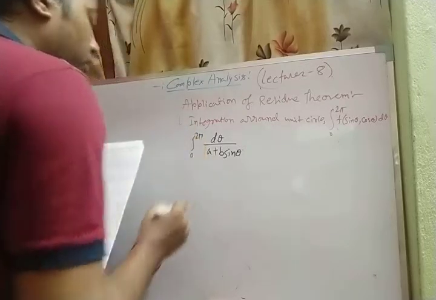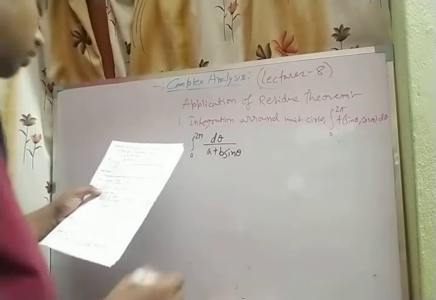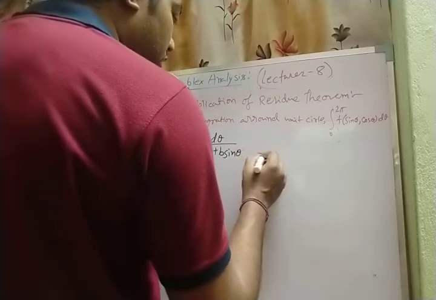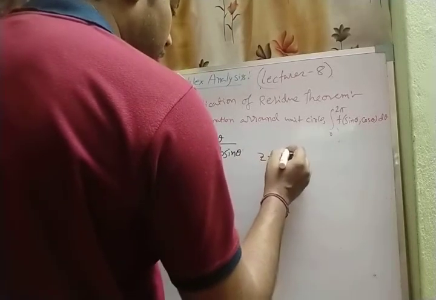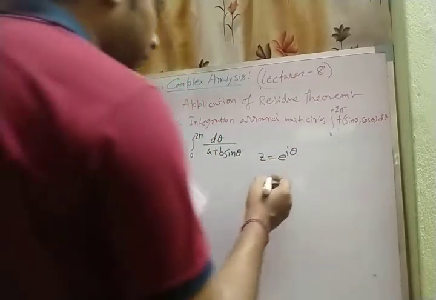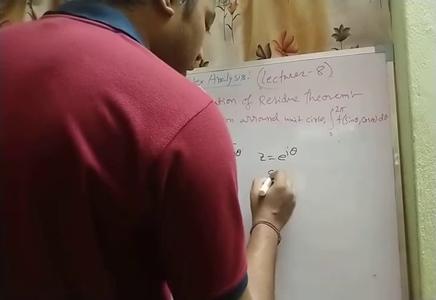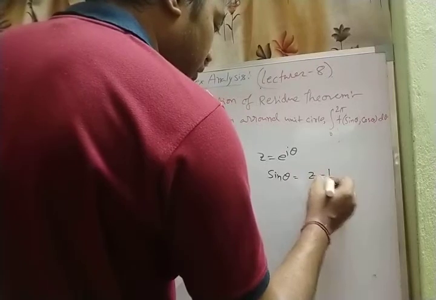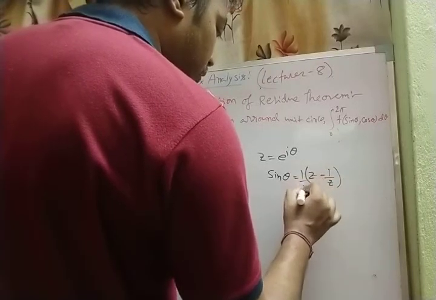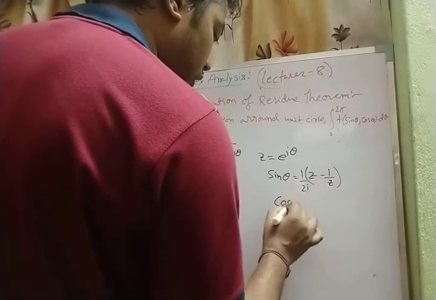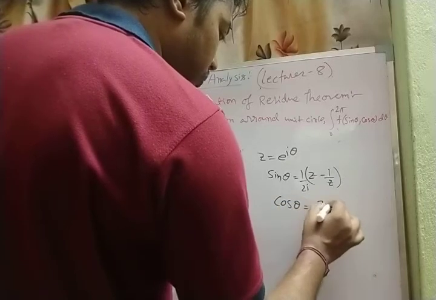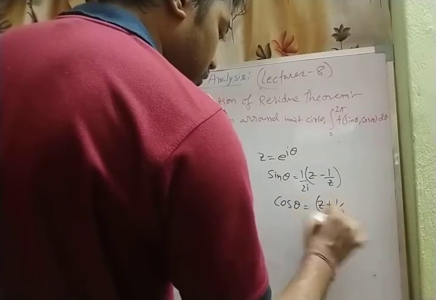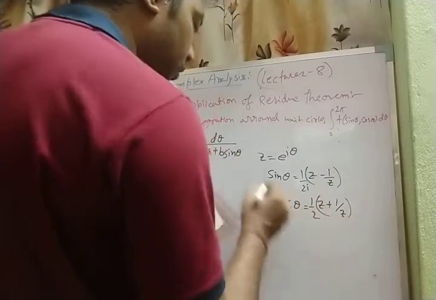In this type of integration, we are considering z equals e to the power i theta. Therefore, sin theta can be written as z minus 1 by z by 2i, and cos theta can be represented as z plus 1 by z by 2.